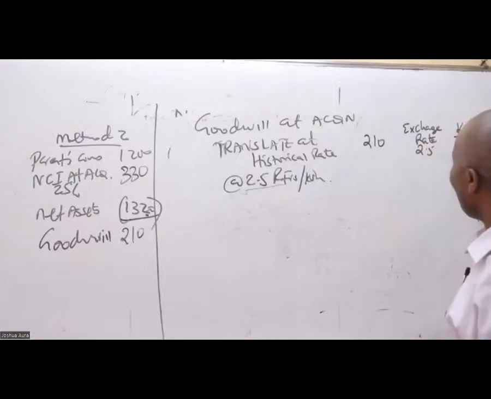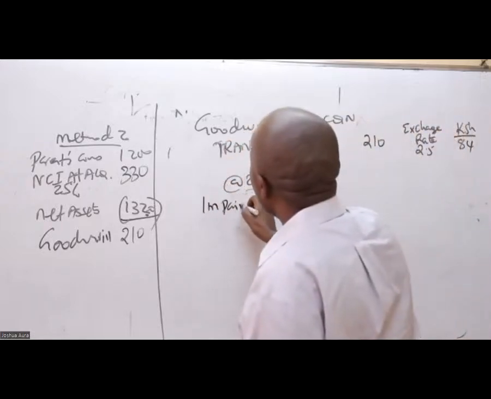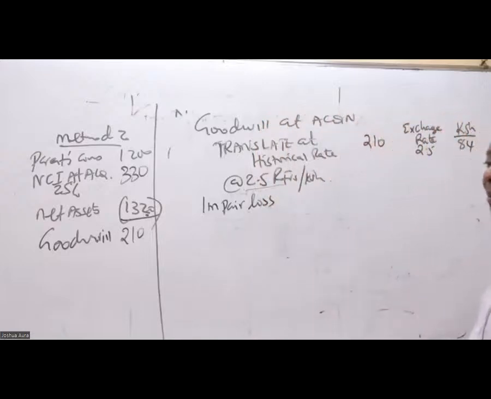Thank you very much. Then you come and say there is an impairment loss. So how much is the impairment loss from the note? The impairment loss from the note is 42.